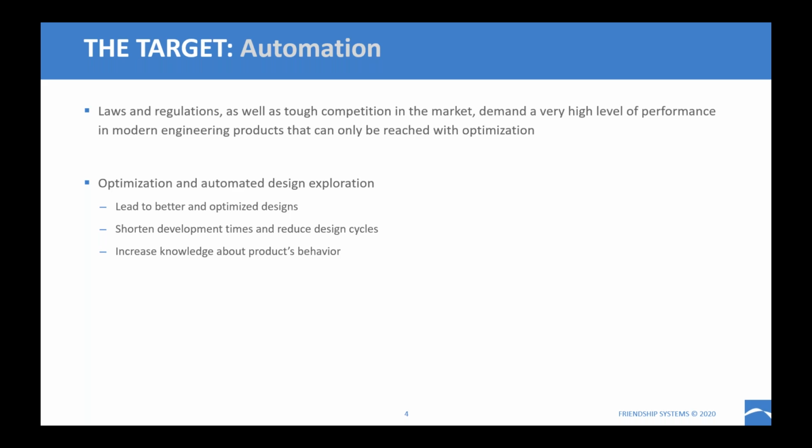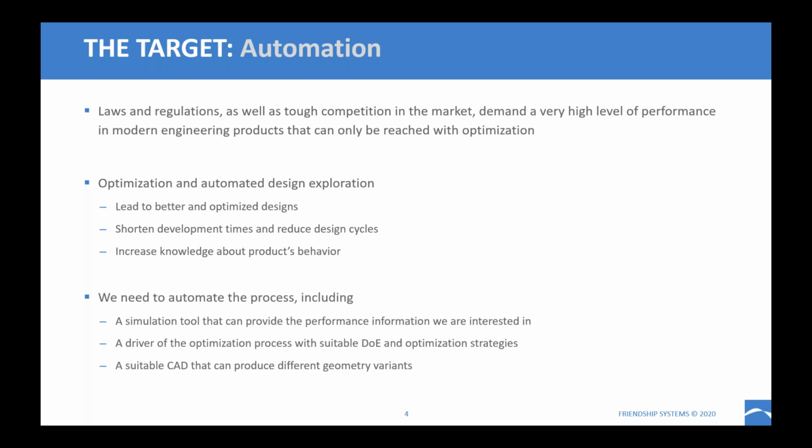A somewhat underrated point is that it can increase the knowledge about the product behavior in early design phases, by giving an understanding of which parameters are the drivers of the performance, and it can give important information to guide design decisions later in the process.